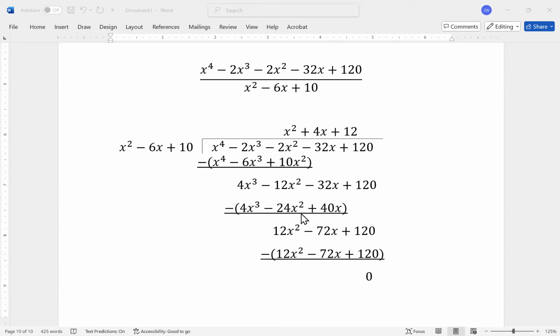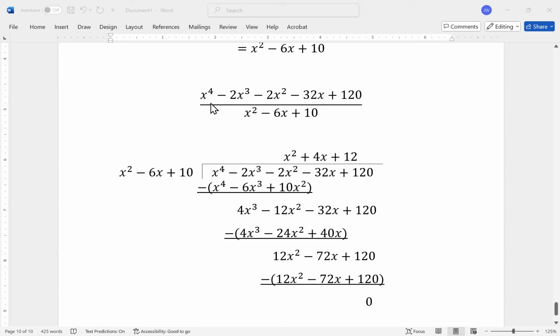And then I say, what do I need to multiply x squared by to get 12x squared? And the answer to that is just a 12. 12 times that polynomial becomes 12x squared minus 72x plus 120. When I subtract that, I get a 0, just like I had hoped. So we get remainder 0.